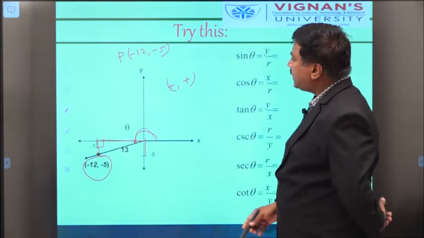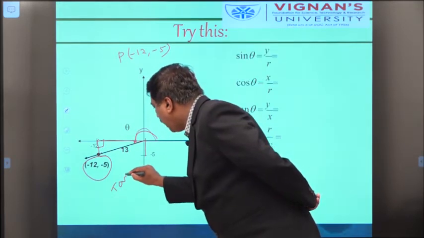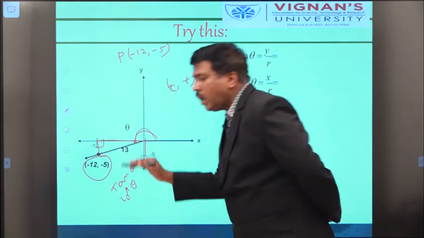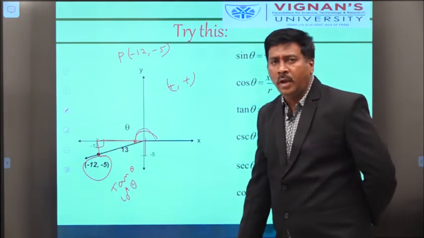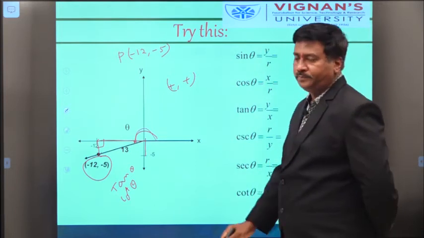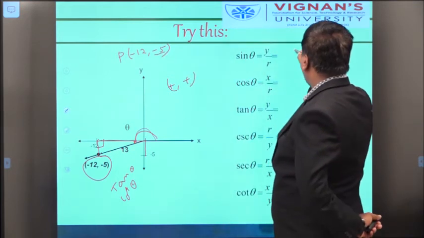Now, in the third quadrant, keep in mind that tan theta and cot theta are positive, and all the other trigonometric ratios are negative. Sin theta equals y by r. What is the value of y? Y is minus 5.